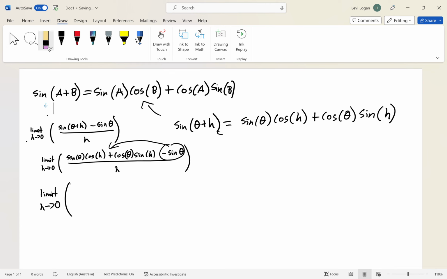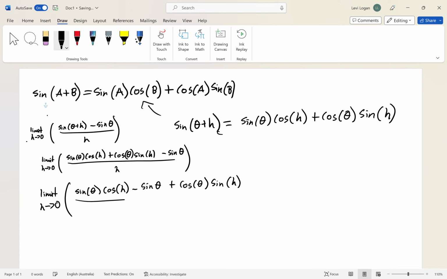You'll see why I've done that in a sec. So I'm just going to rewrite sine of theta cos of h minus sine of theta plus cos of theta sine of h all over h. And the reason I've done that is because with this stuff here, I can take out a factor of sine of theta. So I'll just show you that in a second.